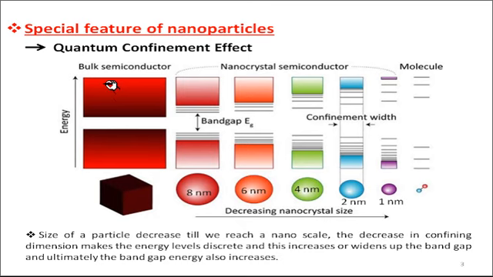Now, suppose you want to decrease the size of this particle to nano size. How will you do that? Of course, you will break down this bulk particle into smaller ones, something like this.